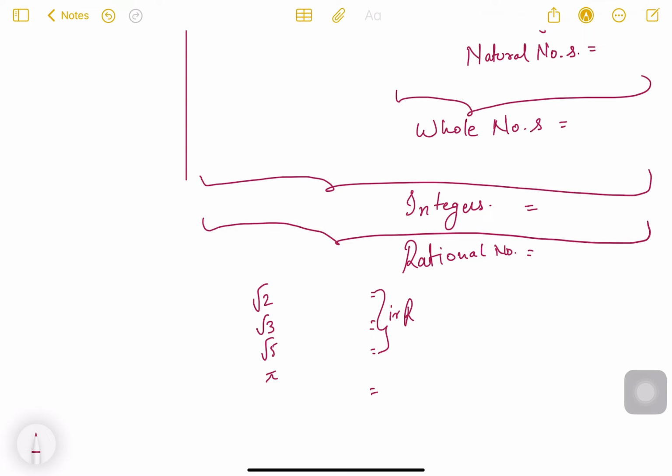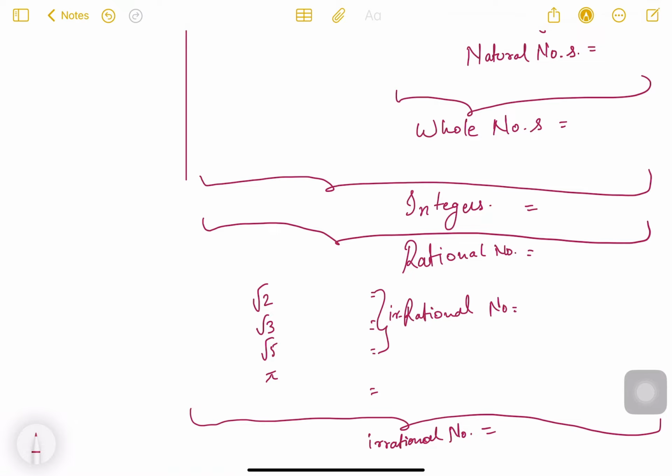Not rational, they are irrational. Irrational numbers also lie on this number line. They also go from minus infinity to infinity, but they are not rational. So we have irrational numbers.